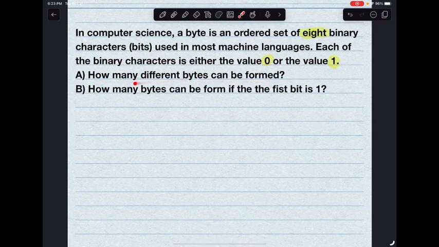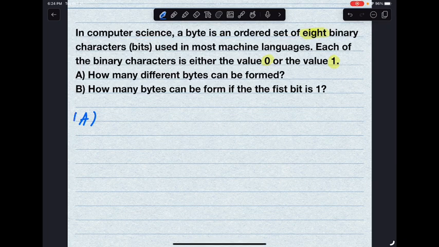In this type of question, you can see there's no restriction. They didn't mention any restriction, and they also didn't put any restriction on the question. So generally, how many bytes can be formed? This part is easy.